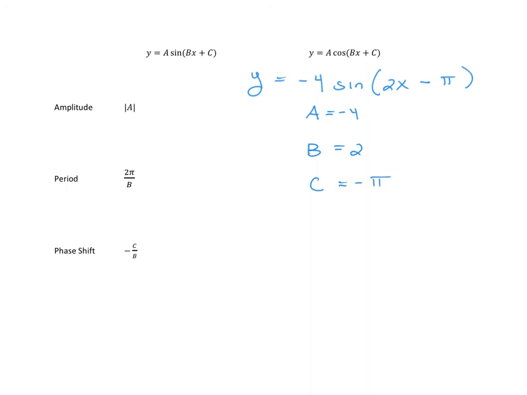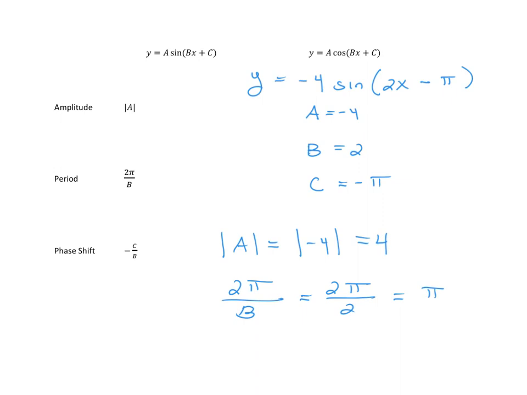If you want to know the amplitude, you take the absolute value of a, which in this case is the absolute value of -4, which is 4. The amplitude was the distance away from the x-axis, and it should be a positive number. For the period, it's 2 pi over b, and in this case would be 2 pi over 2, or pi. You divide by the number that's in front of the x into the period 2 pi for both sine and cosine.